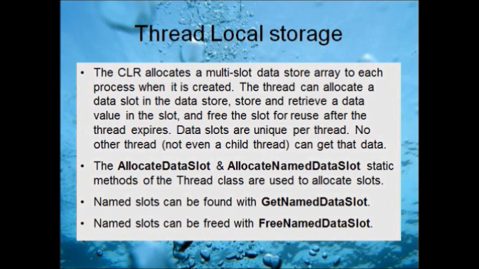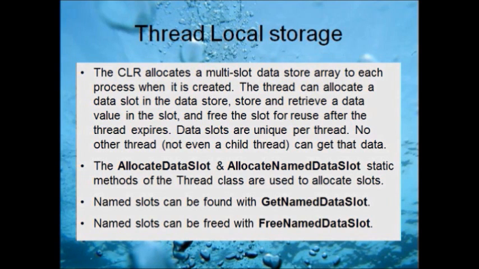Thread local storage. The CLR allocates a multi-slot data store array to each process when it is created. The thread can allocate a data slot in the data store, retrieve a data value in the slot, and free the slot for reuse after the thread expires. Data slots are unique per thread.